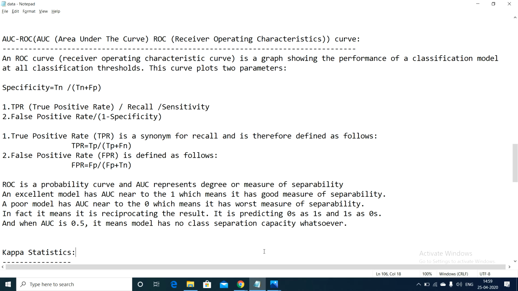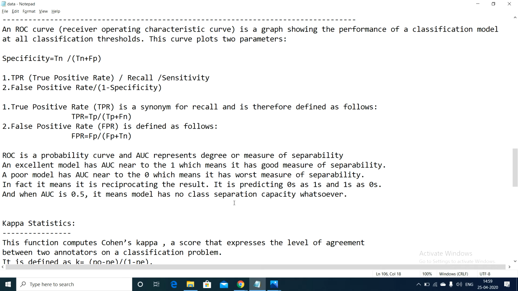Let us come back here. An excellent model has AUC near 1, which means it is a good measure of separability. A poor model has AUC near 0.